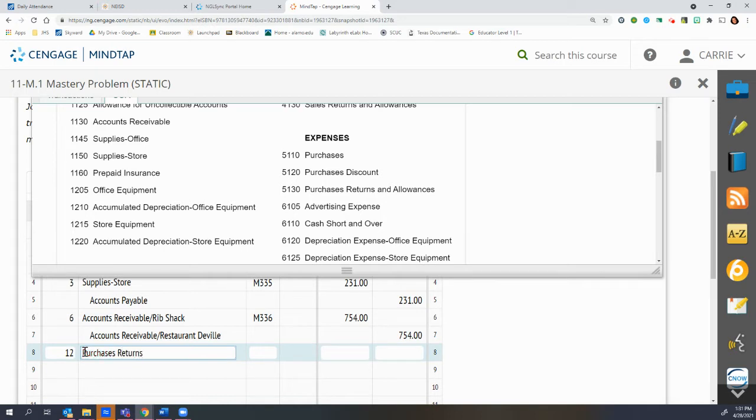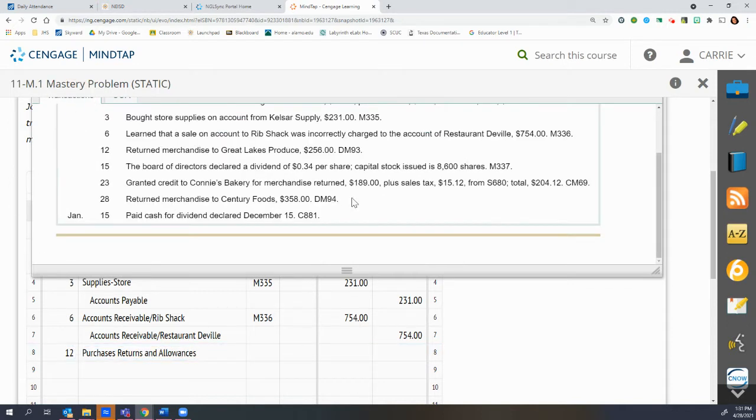That might be the wrong place. I didn't even look at it yet. Let me look at it again. Great Lakes Produce is the accounts payable. Okay, so actually the debit is to the accounts payable because we're making it less for Great Lakes Produce. And that is debit memo 93, and that is for $256.